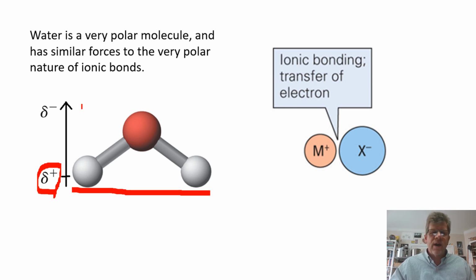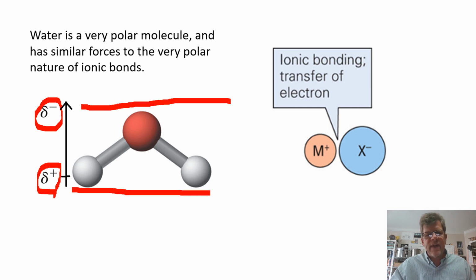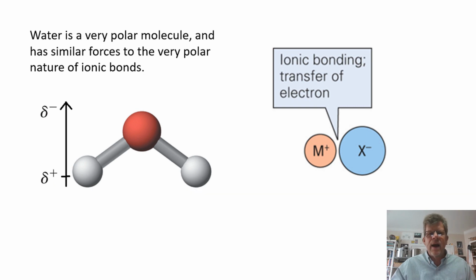Whereas over on the other end of the dipole, we have an excess of electron density on average, so that gives us a negative character to that end. So we have a positive pole and a negative pole. Again, we're not talking about an actual positive and negative charge, but we have positiveness and negativeness associated with it.